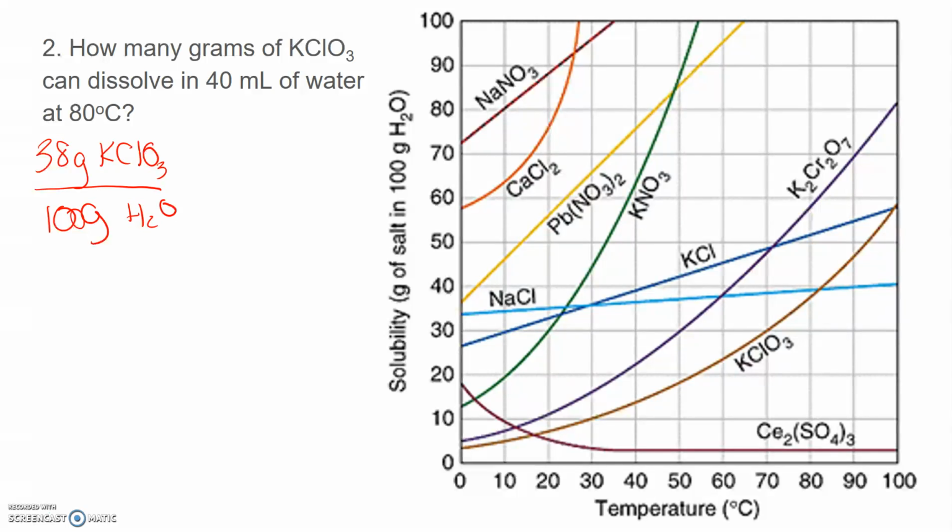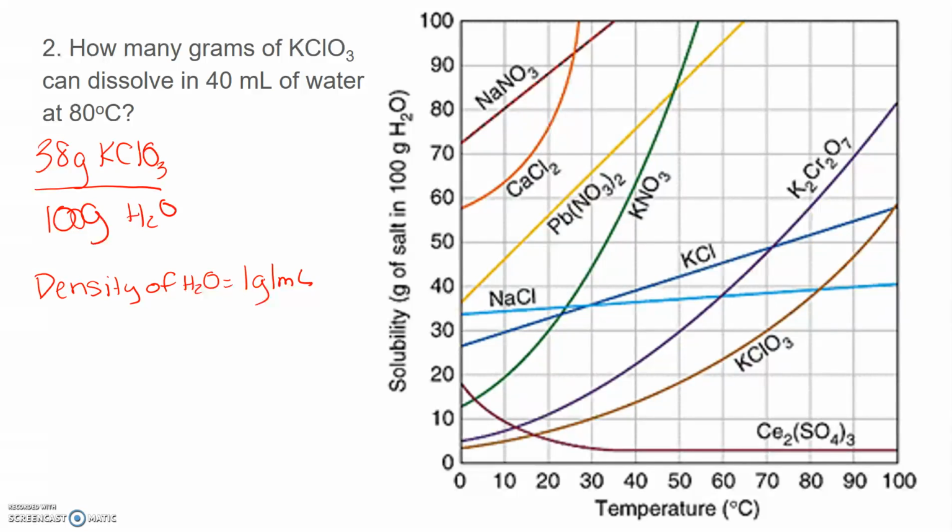Right now, all I have is grams, and this question is looking for milliliters. But we know from our first unit that the density of water is equal to 1 gram per milliliter. So if we have 40 milliliters, that's the same as how many grams?